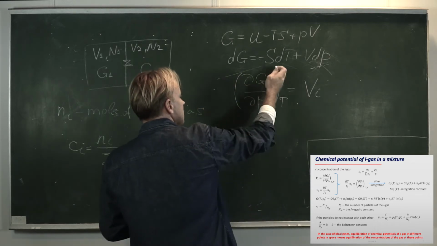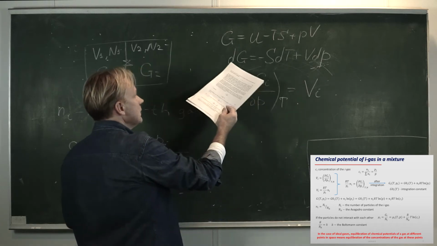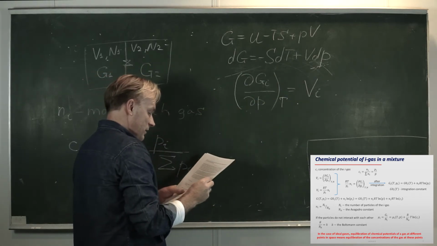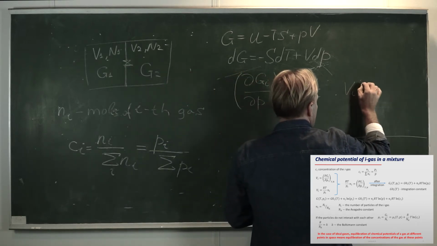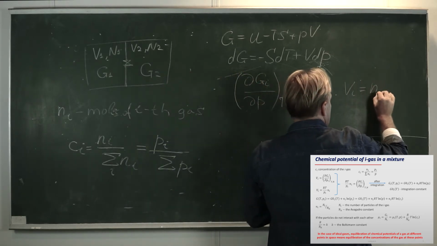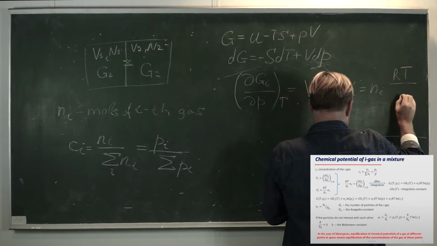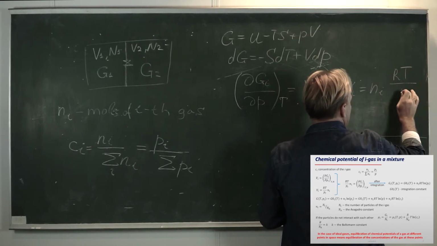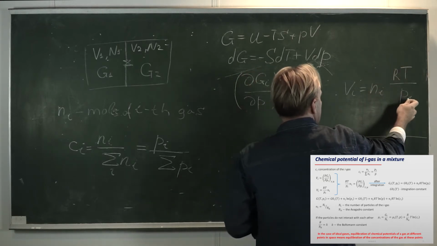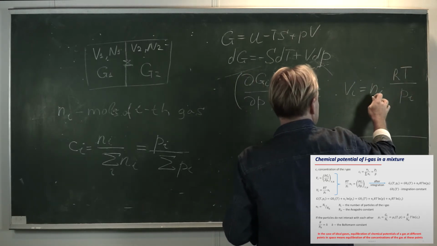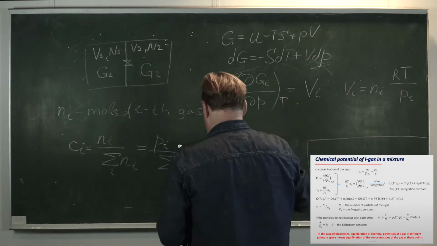This is more or less the definition of the Gibbs function. And since for ideal gas we can write an expression like this, where R is the universal gas constant, T is the temperature, Pi is the pressure of this ith component of the gas, and N is the number of moles.